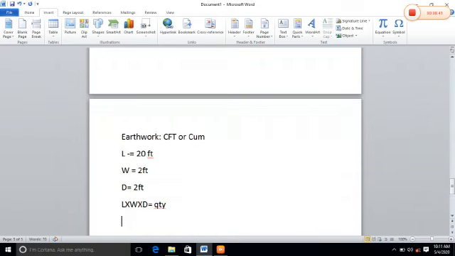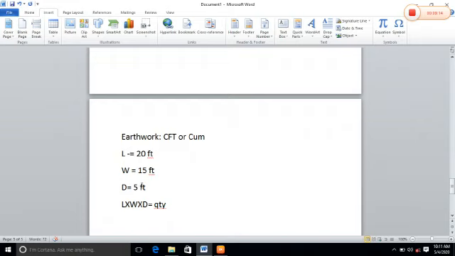Or for example, if we have a room of length 20 feet, width 15 feet, and depth, for example, 5 feet, and we need to fill this room with soil.